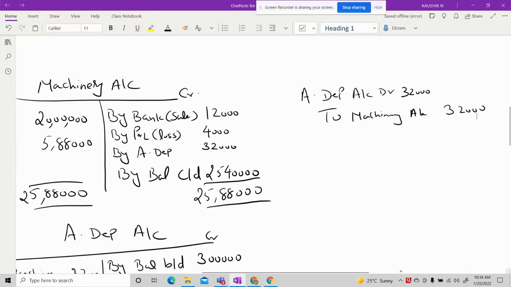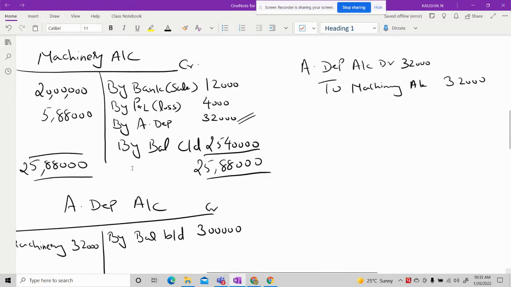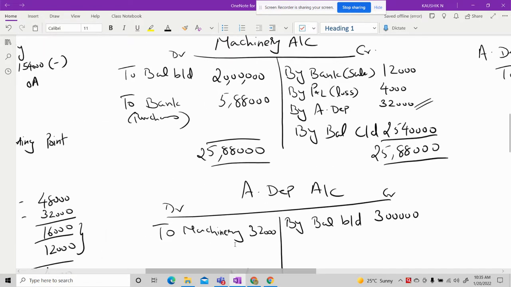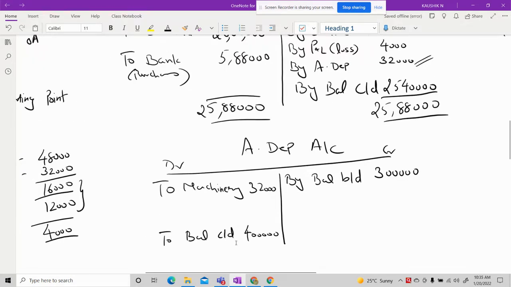So when I prepared the machinery account, I brought this accumulated depreciation to the credit side. Now, when I showcase the accumulated depreciation account, I should take this machinery, which is in the credit, to the debit of accumulated depreciation, like how I got here to machinery account 32,000.